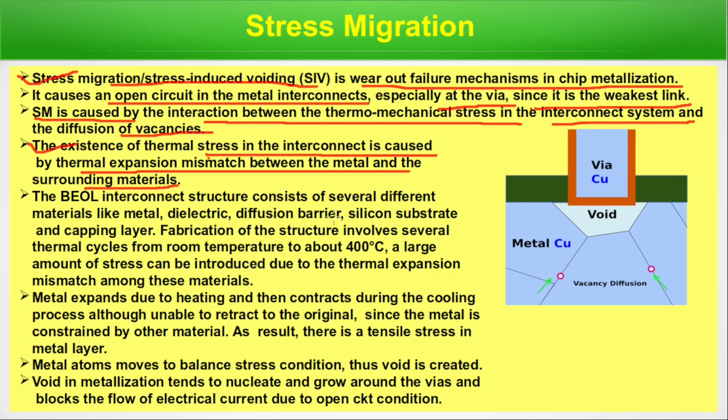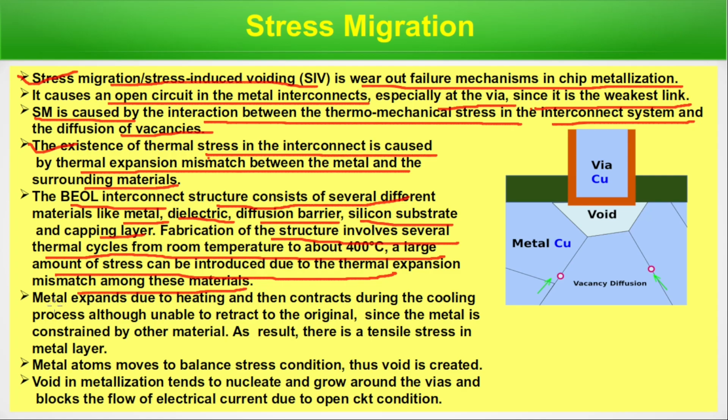Surrounding materials like oxide layers, diffusion barriers, silicon substrate, all different things are there. The BEOL interconnect structure consists of several different materials like metal, dielectric, diffusion barrier, silicon substrate and capping layer. Fabrication of the structure involves several thermal cycles from room temperature to above 400 degrees centigrade. A large amount of stress can be introduced due to thermal expansion mismatch among these materials.